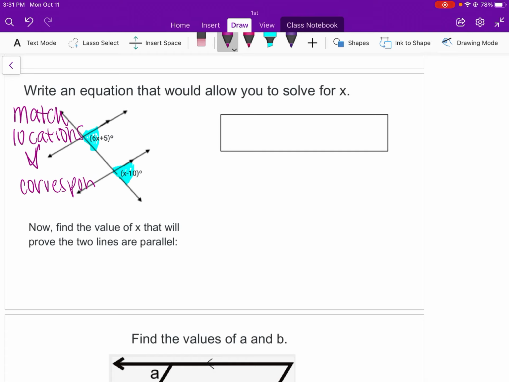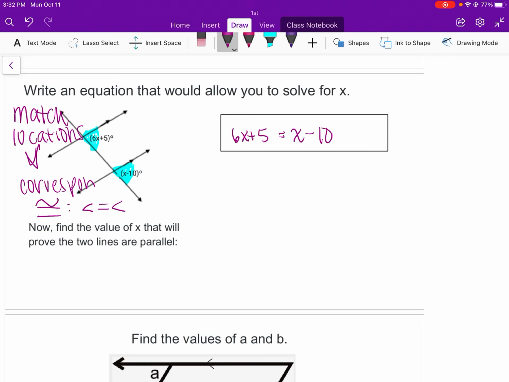And if they're corresponding, they're congruent. So that means my equation is angle equals angle. So when I plug that in, my first angle is 6x plus 5, which is equal to x minus 10.